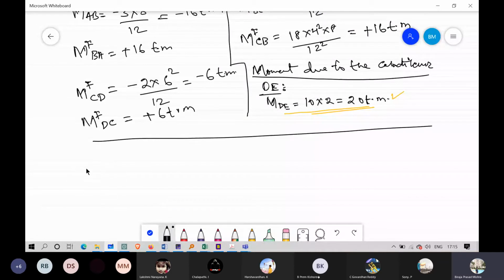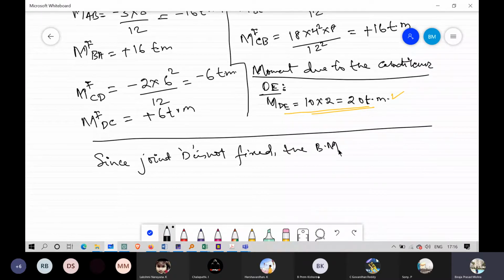Since joint D is not fixed, the bending moment at D will be due to the cantilever loading only.